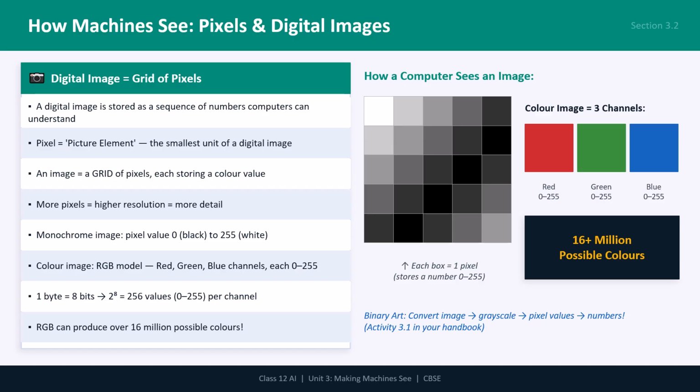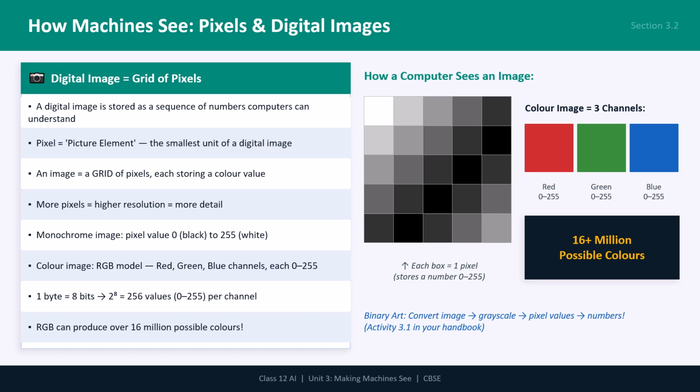A digital image is nothing but a huge grid of these tiny squares, and each square stores a number. For a black and white image, pixel value 0 means pure black, pixel value 255 means pure white. Everything in between is a shade of grey.